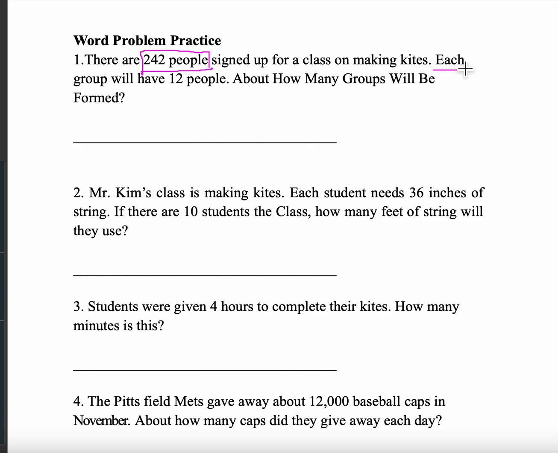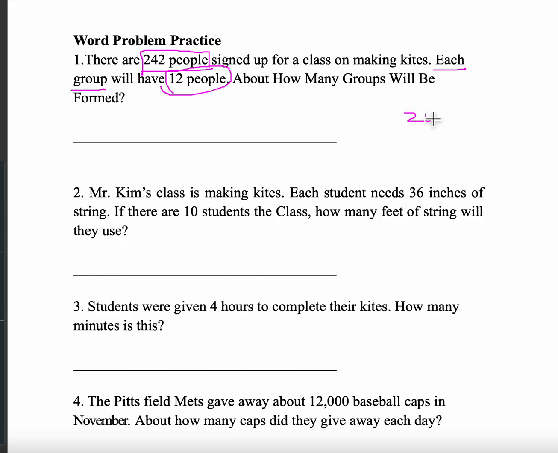Now we know that each group, so one group, will have 12 people. So about how many groups will be formed? It's saying about how many, so we won't have a solid number, but we'll have an approximate number of how many groups are made. So let's start.